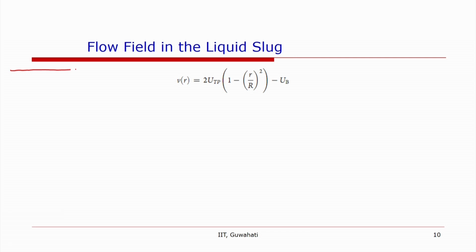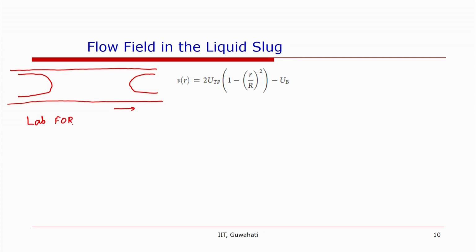So if you have this picture of the liquid slug where there are two adjacent bubbles at the front and the back, and in a laboratory frame of reference, if the slug is long enough, then one will get the profile to be parabolic, or at least near parabolic, in the channel.